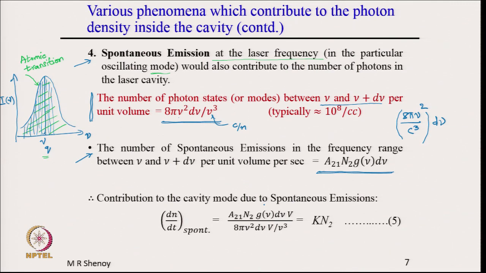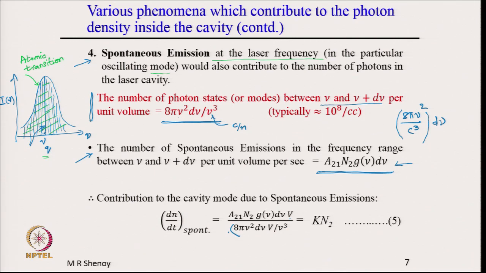Contribution to the cavity mode due to spontaneous emission. Spontaneous emission comes over all these modes. What is the contribution for this particular mode? That is given by the rate of spontaneous emission, which is per unit volume, therefore multiplied by V. This gives the number of spontaneous emissions per unit time, divided by the number of modes.